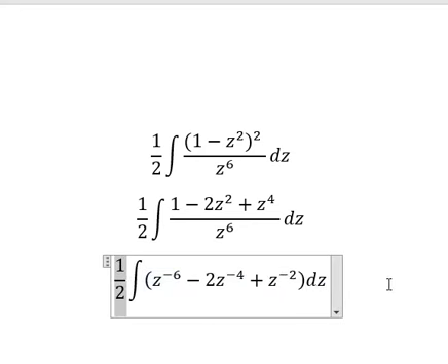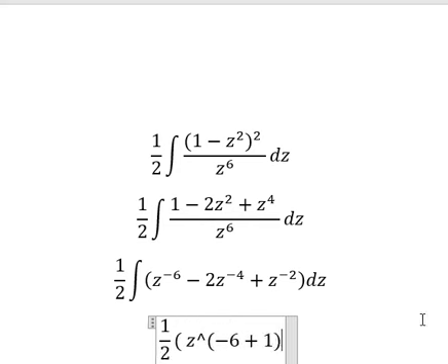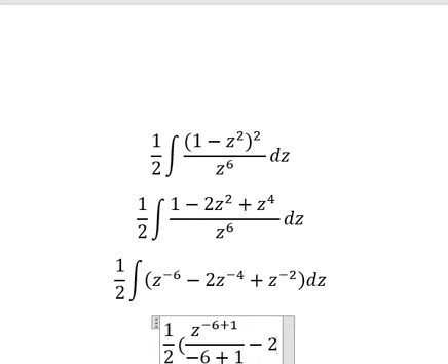And now we get the final answer. The integral of z to the power of negative 6, you get z to the power of negative 6 plus 1 over negative 6 plus 1. Similar for the next one.